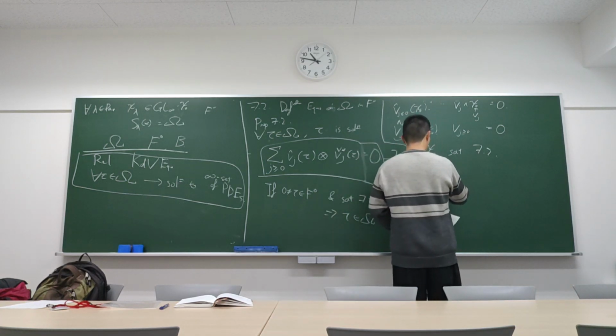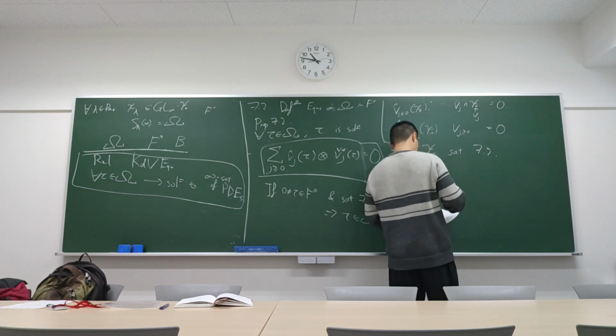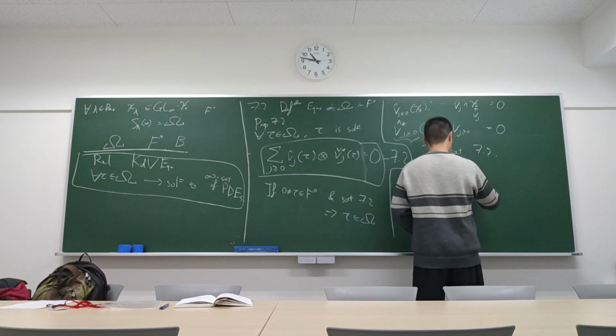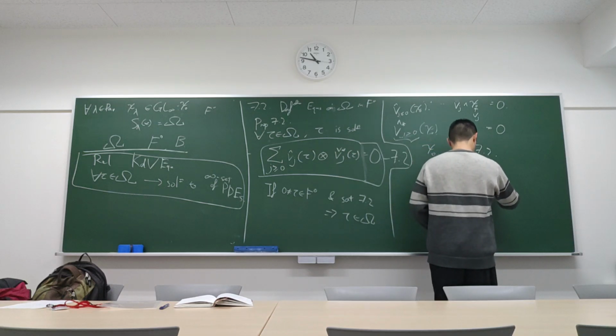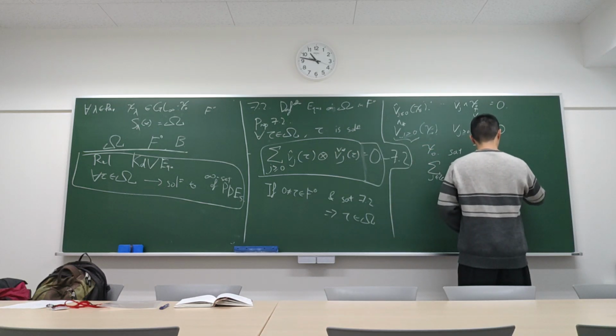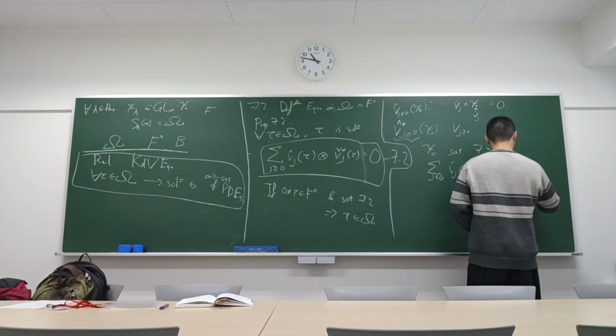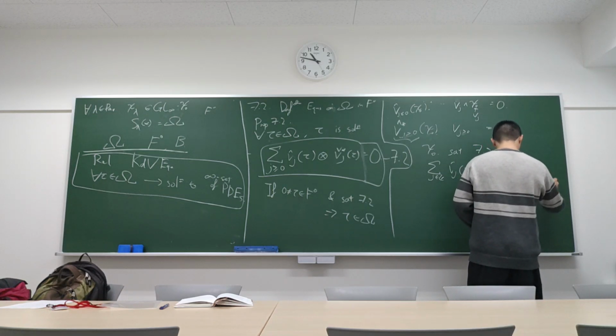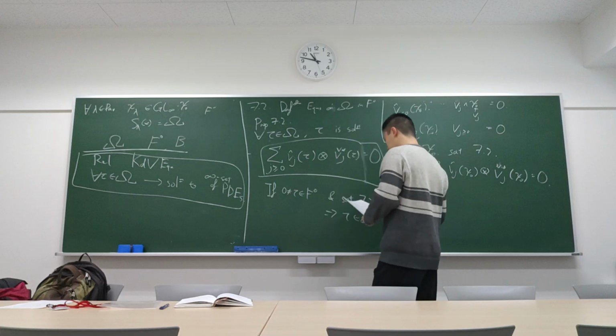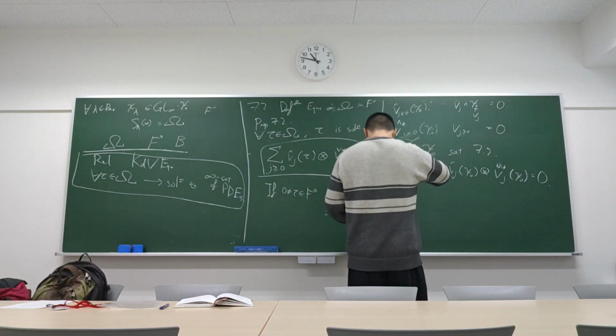So if I write it out, j vj is equal to 0. So it's a solution.